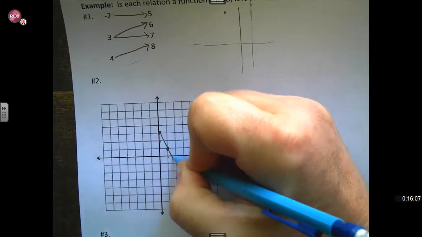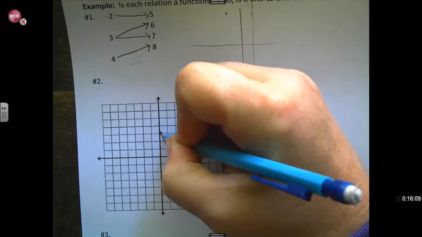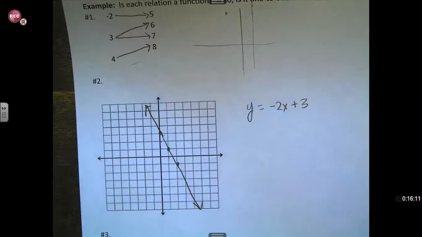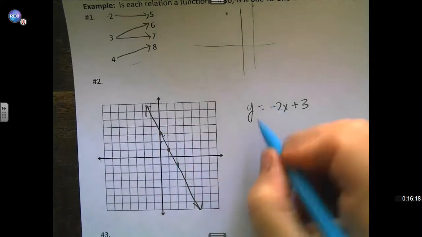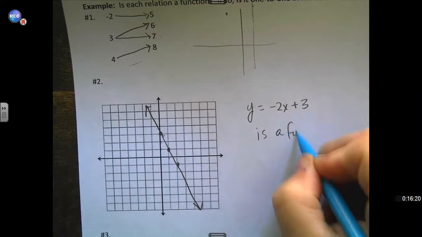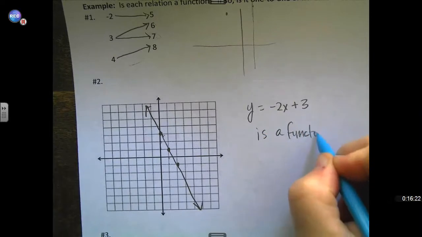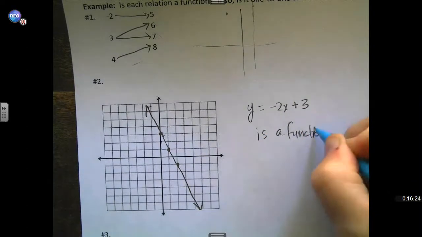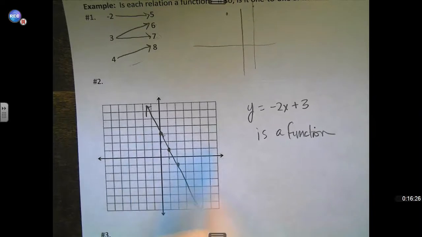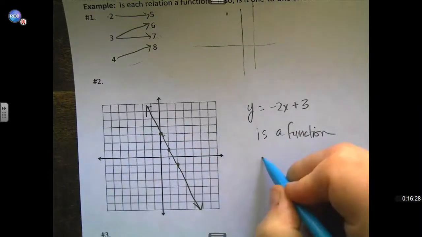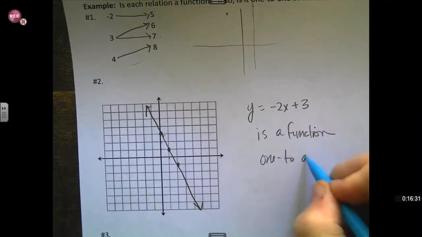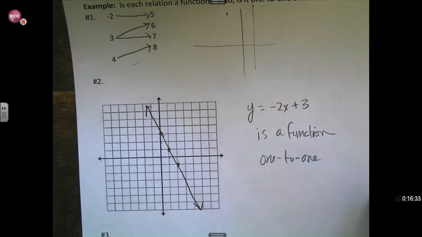So we get this line when we graph it, and that line passes the vertical line test, right? So it is a function. And then if we look at the horizontal line test, the horizontal line's going through here, it is one-to-one. Okay.